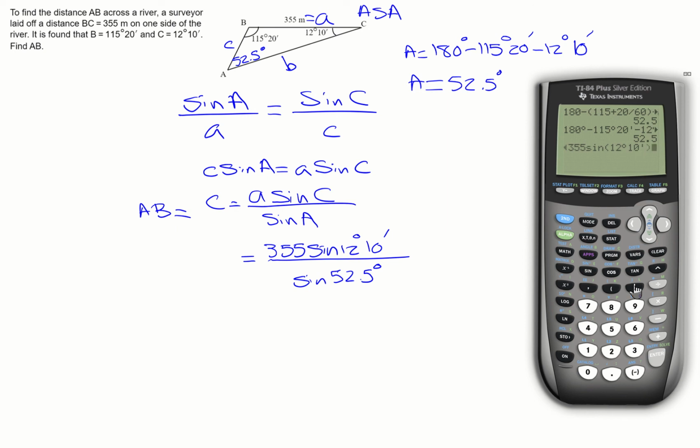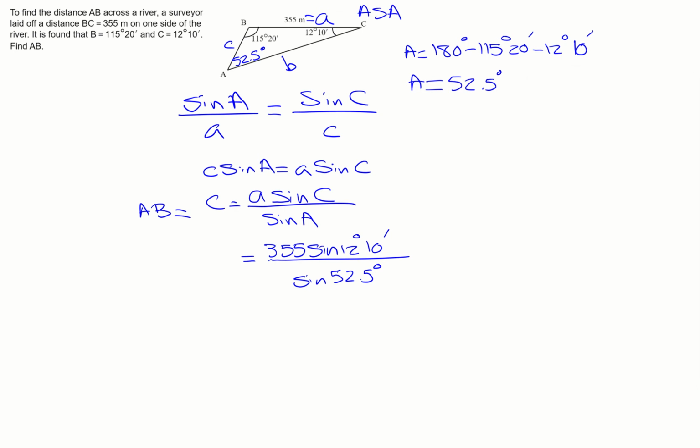And now we're going to wrap up the numerator, so 2 closed parentheses, and then we're going to divide that by sine of 52.5. And we're going to go ahead and hit enter. So we get approximately 94 meters for the distance across the river.